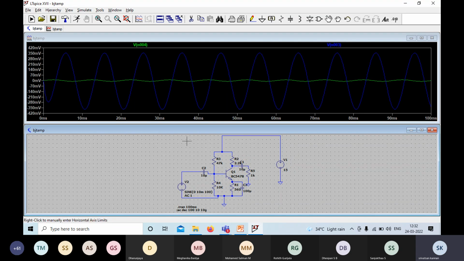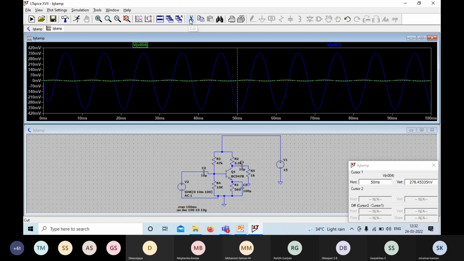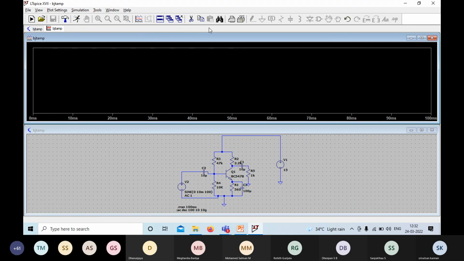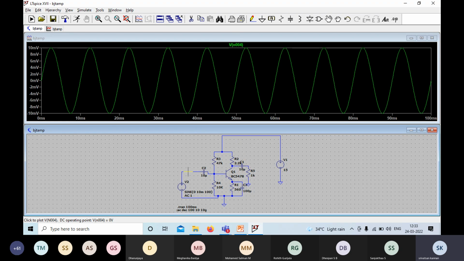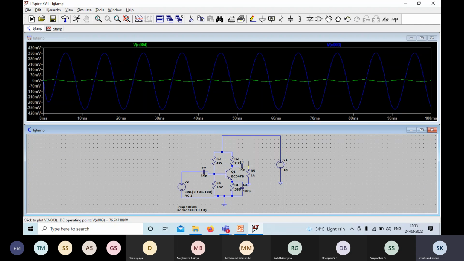The input is 10 millivolt, the output is somewhat 350 millivolt, right? Peak to peak is 750 millivolt.